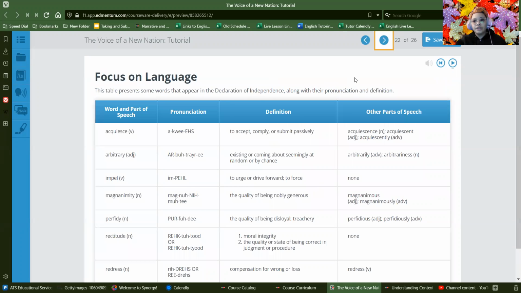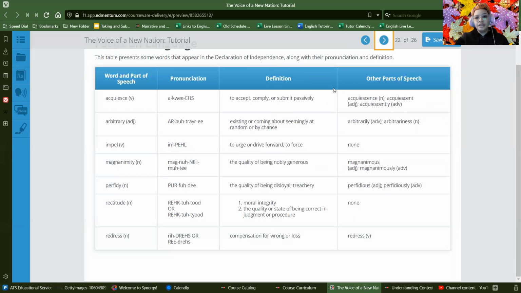Okay, so the last section of this lesson is just the focus on language. It's very simple. They give you some vocabulary, the part of speech and the definition, and some other parts of speech. Now, as per usual with these sort of things, I think that if you have never heard of these words, you should write them down and the definition.